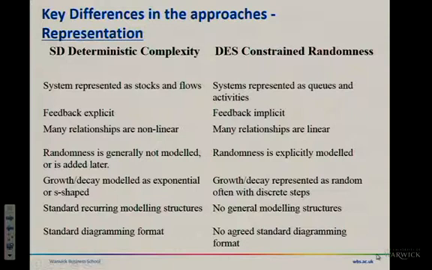In discrete event, randomness is explicitly modeled, that's why you do a lot of statistical analysis in discrete event simulation. Growth and decay is modeled as exponential or S-shape in system dynamics. In discrete event, growth and decay is represented as a random set of discrete steps.